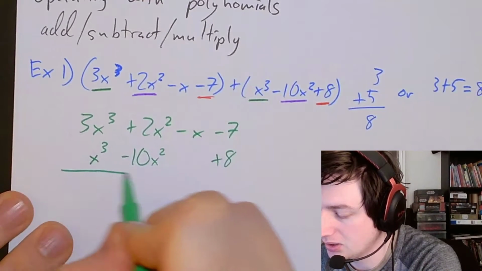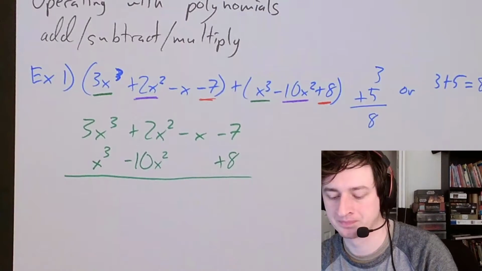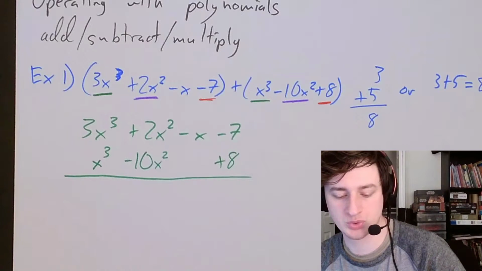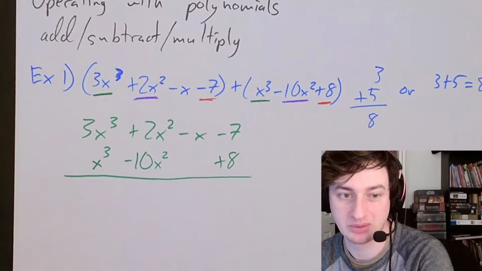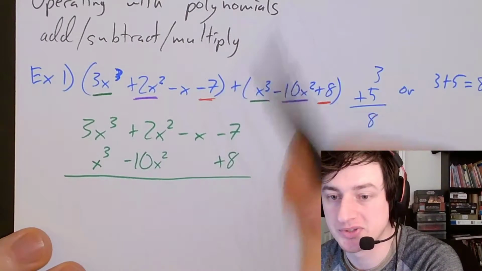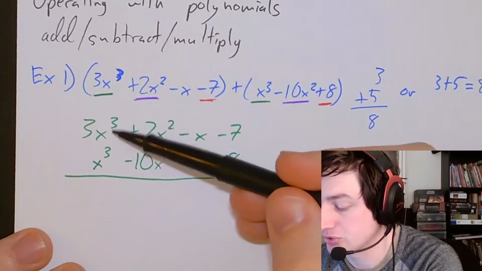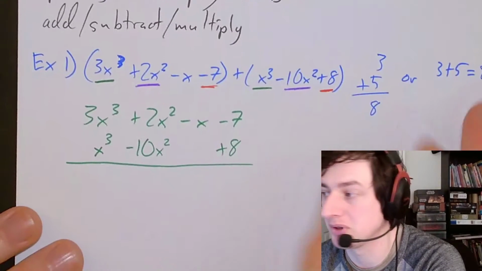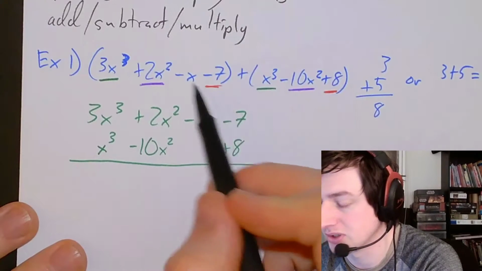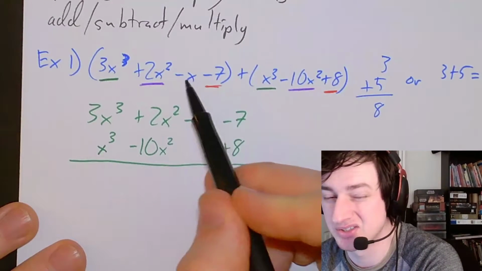And then we're just going to add down. So we're just combining like terms. This is not normally how I would do this kind of problem. How I would normally do it is the next example. But this is a good way to keep track of like terms and not skip anything, which it can be easy to miss a term. It's really easy, this is a single minus x, it's really easy to forget it in our answer.